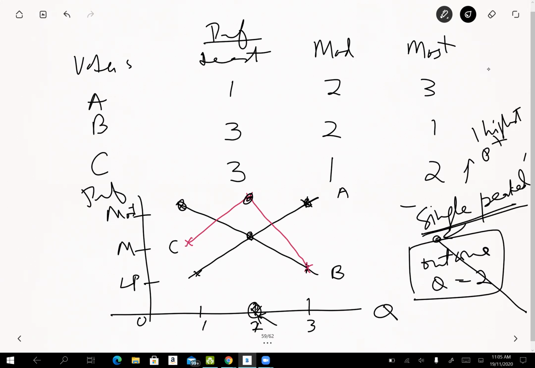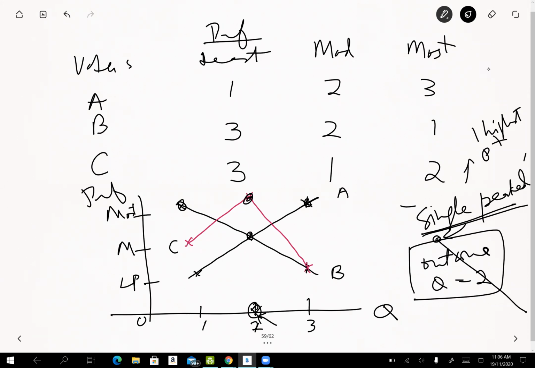Okay, number 1. I'm asking you a question now. Q equal to 2, which is the equilibrium outcome, whose most preferred choice is that? Whose most preferred choice? It's C, sir.